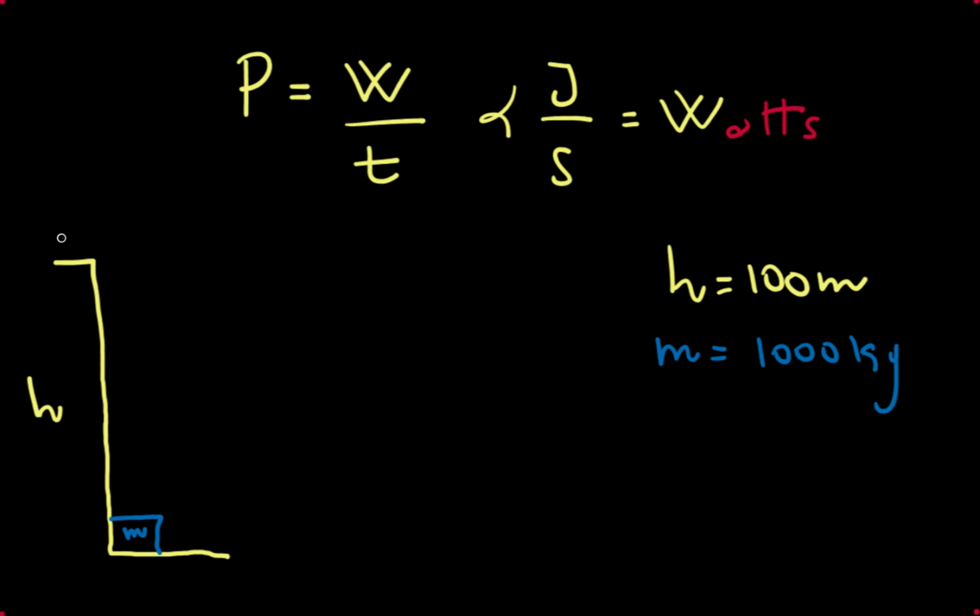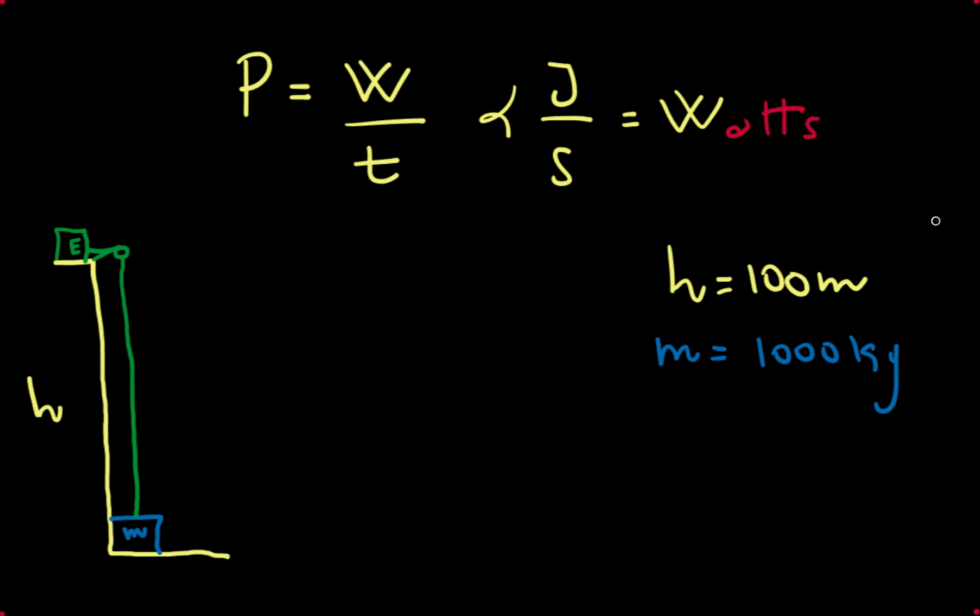And you have an engine on top of this. That engine is hooked up to this mass through something like a pulley system. What this engine is supposed to do is pull this 1,000 kilograms all the way up 100 meters.